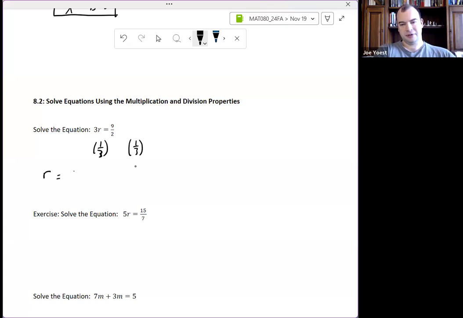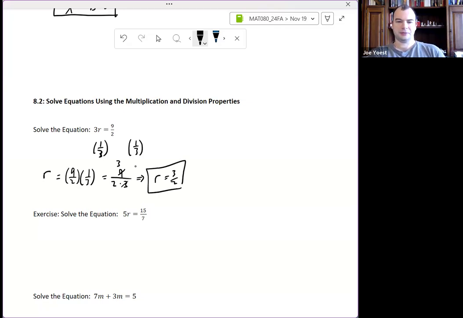And on the right, I have 9/2 times 1/3. Well, 9/2 times 1/3 is 9 times 1 over 2 times 3. And I see that the factor of 3 in the denominator divides out one of the factors of 3 in the 9, leaving me with just the remaining factor of 3. So I can say r equals 3/2.